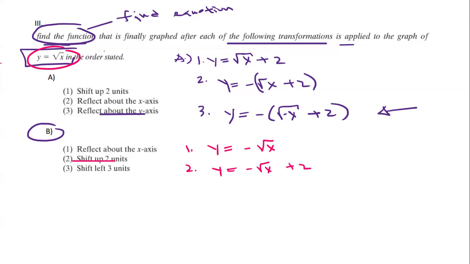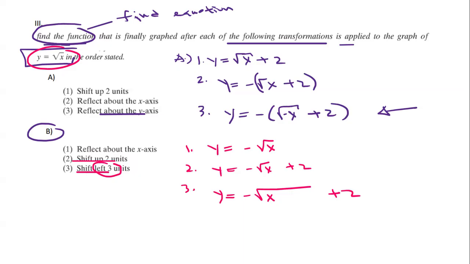And then the last step here is we want to shift to the left 3 units. That's dealing with shifting left and right, so the number is going to be inside the radical. We keep everything we had before, but now we shift left 3 units. So we have y is equal to negative square root, I still got the +2 there, and the x. You have to be careful here because it says left 3 units. We will think, oh, that should go -3, but in fact, it goes +3.